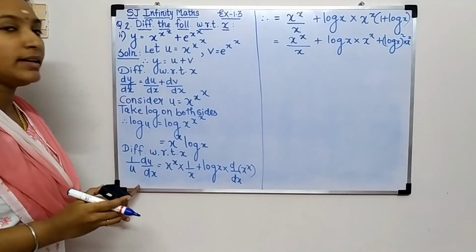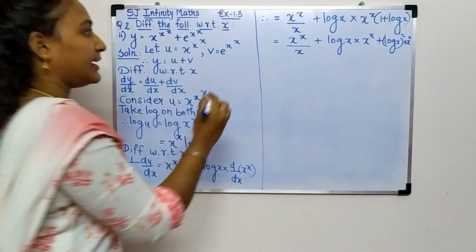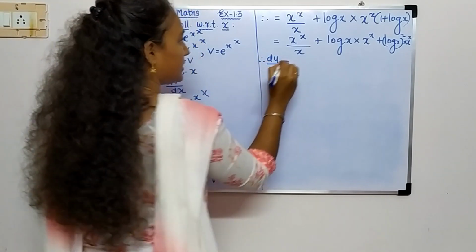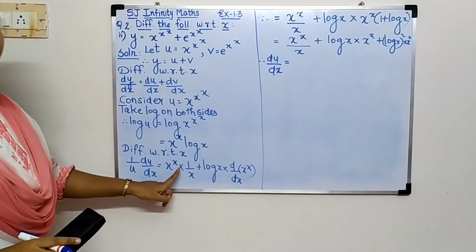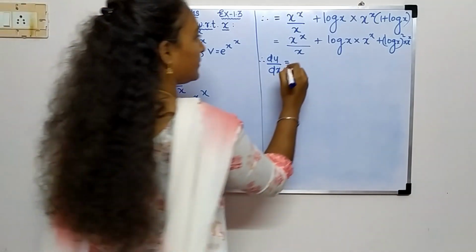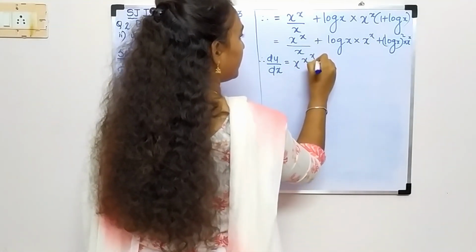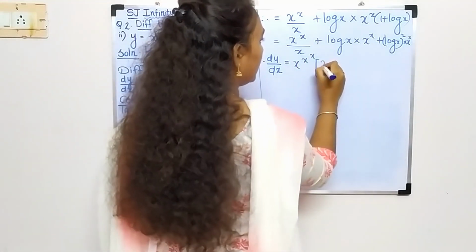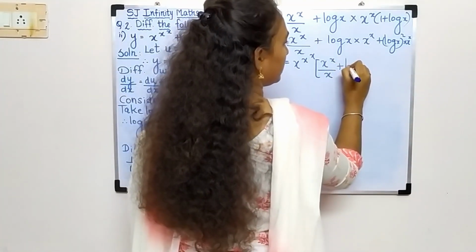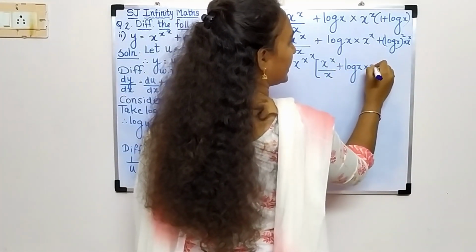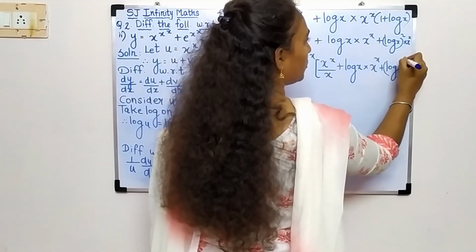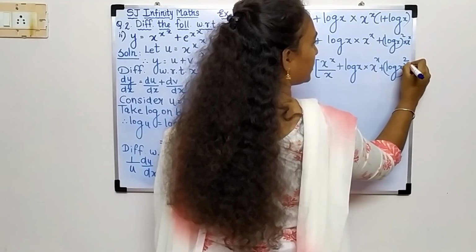Now we can write du by dx. Therefore, du by dx becomes, we multiply with u first. What is your u? x raised to x raised to x. So x power x multiplied with x power x upon x plus log x into x raised to x plus log x the whole square x raised to x.